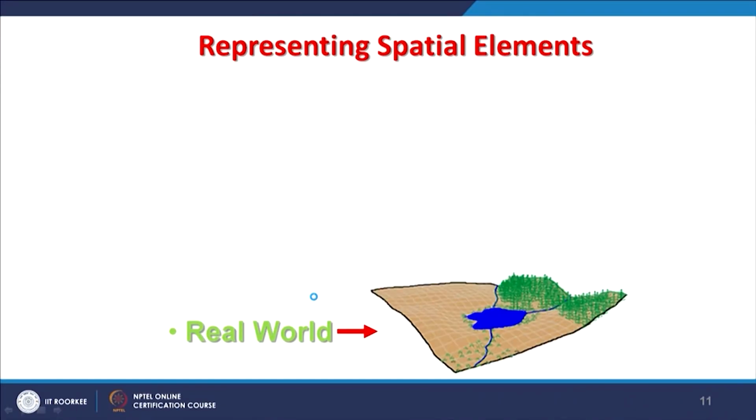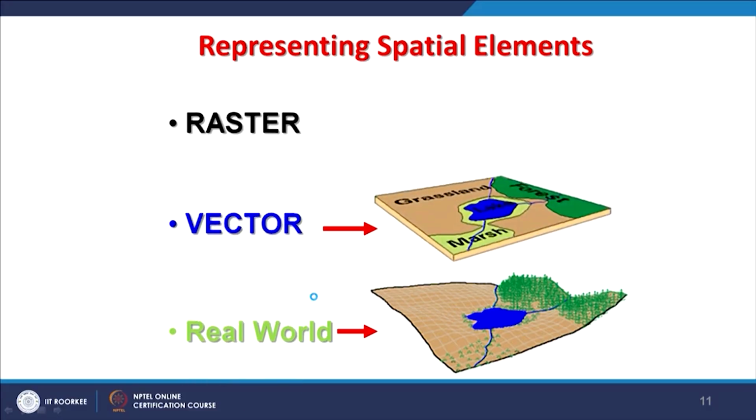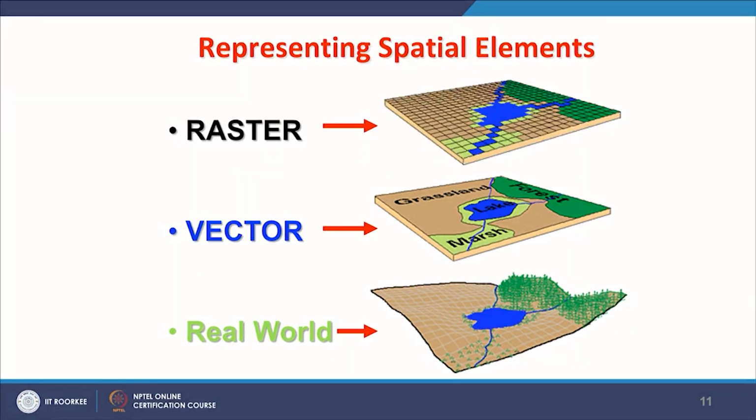Now, representing this, the real world can be segmented into different components, different layers, which means different themes, thematic layers. So, the real world can also be segmented depending on the type of theme you are handling, like vector data or maybe raster data. Raster data you can very quickly understand as a form of grid, but grid and image are 2 different types of raster data. And in case of vector, there are 3 different types of vector data.